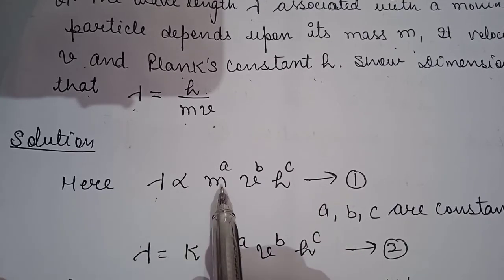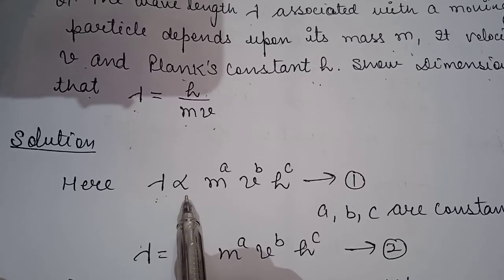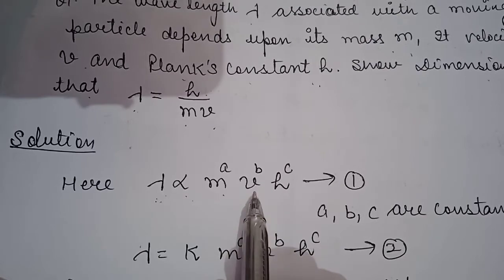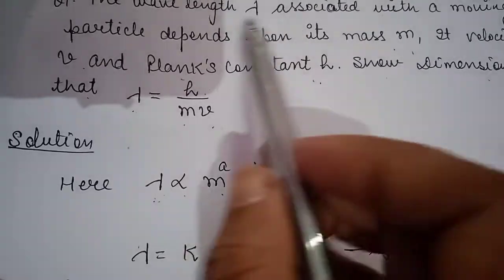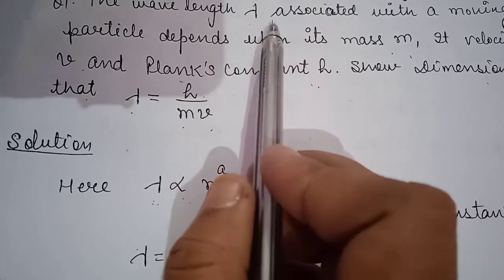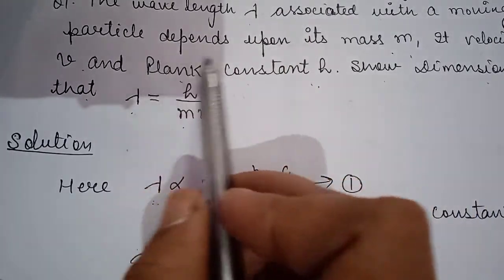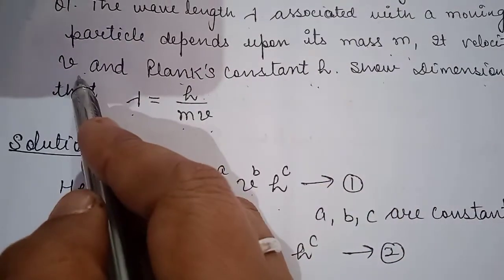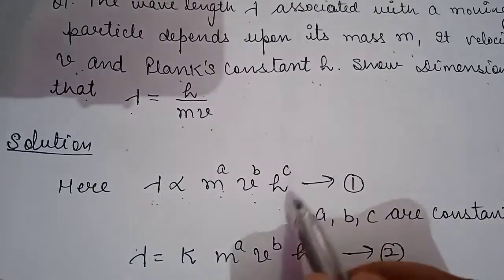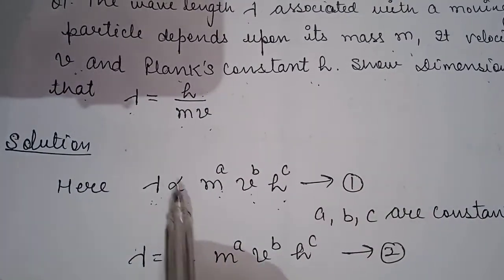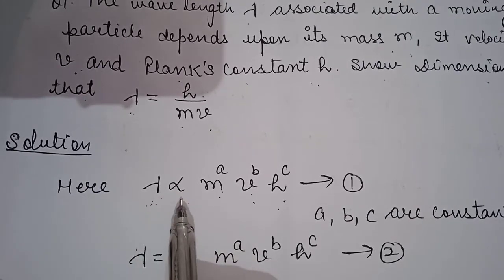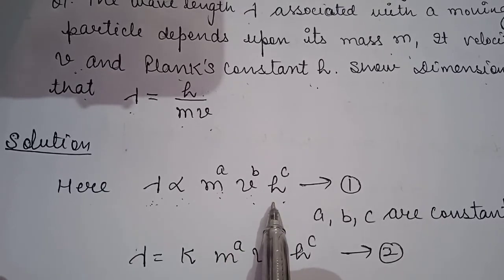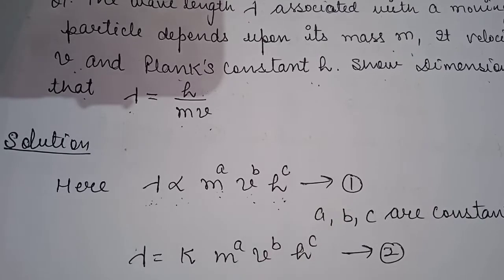That is, lambda is directly proportional to mass, velocity, and Planck's constant, as given in the statement. So we write lambda is directly proportional to m, v, and Planck's constant h.